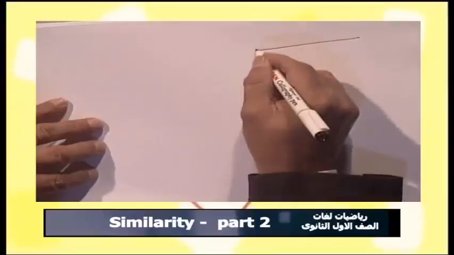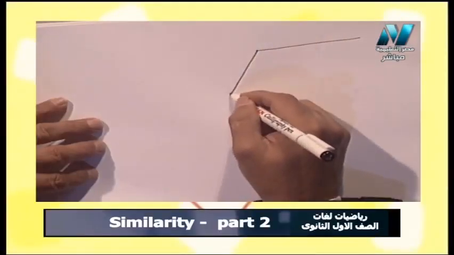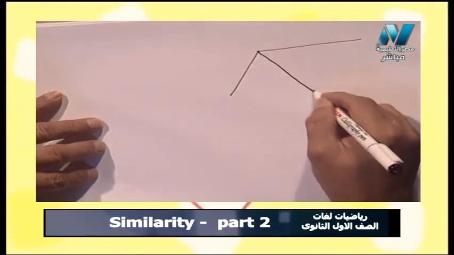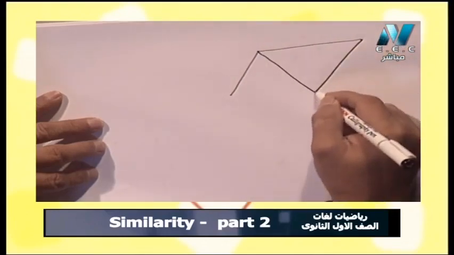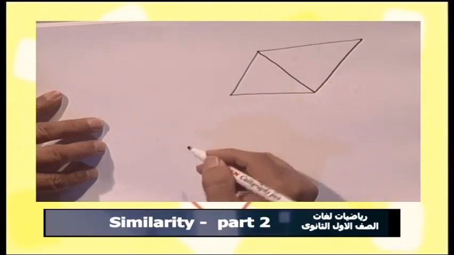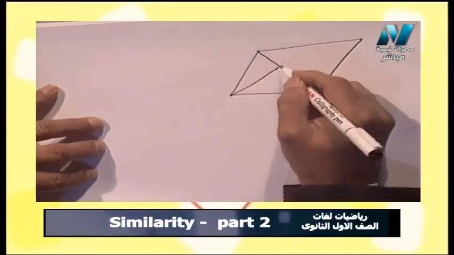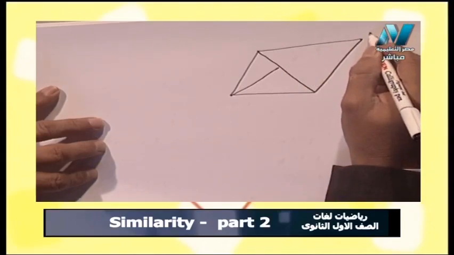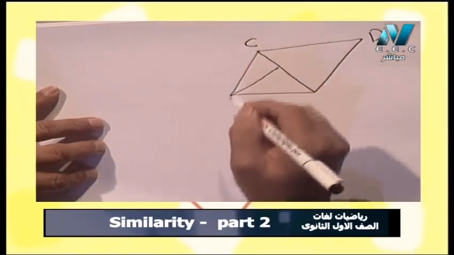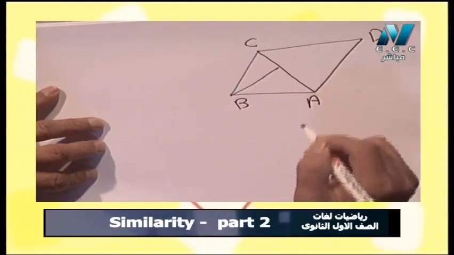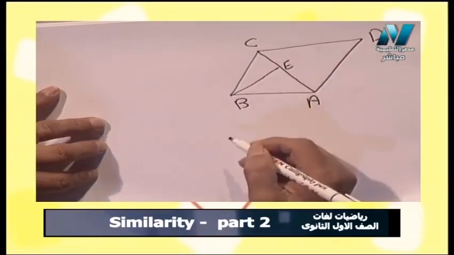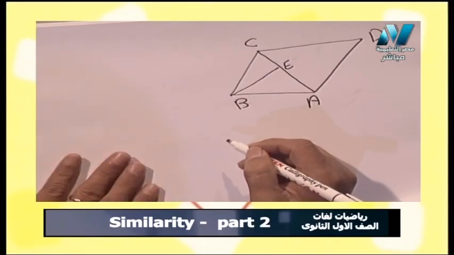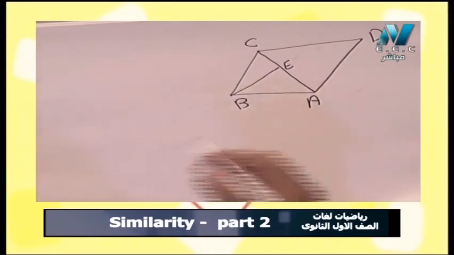We have a question here. Let's go to it. We have this figure like that. We have a triangle here and another one, and we have this side. We call these D, C, B, and E, A, E. And we have just the ratios.